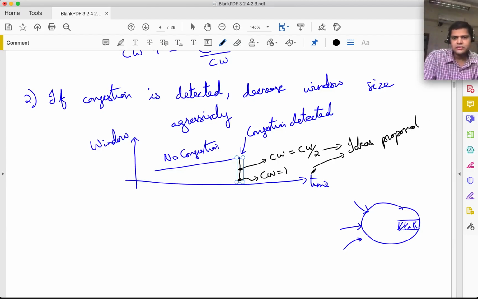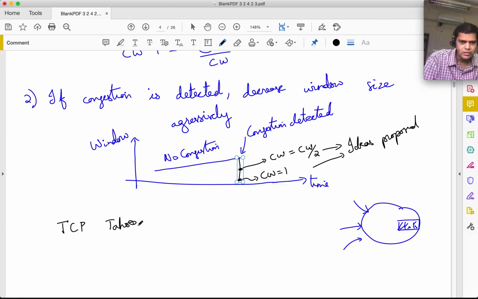Initially there was a TCP protocol called TCP Tahoe, which actually used this drastic decrease to congestion window equal to 1. There are various TCP flavors, and since some of the researchers were based in California, they gave them names like Tahoe.